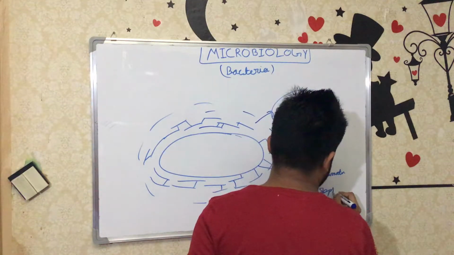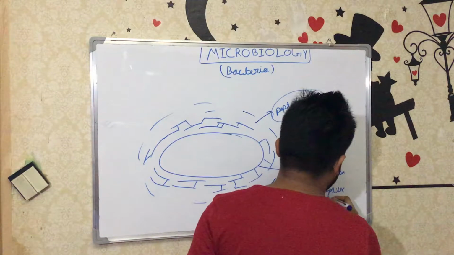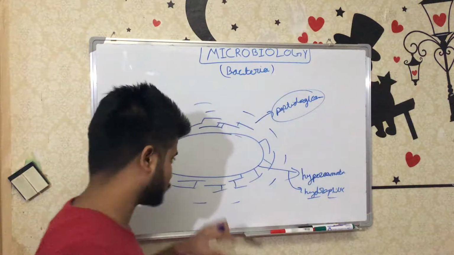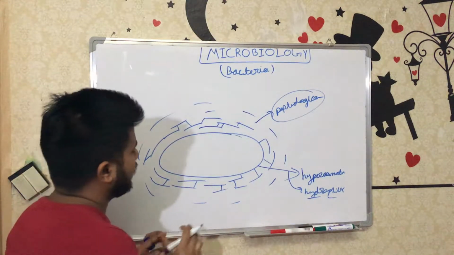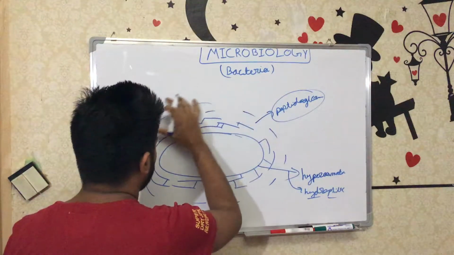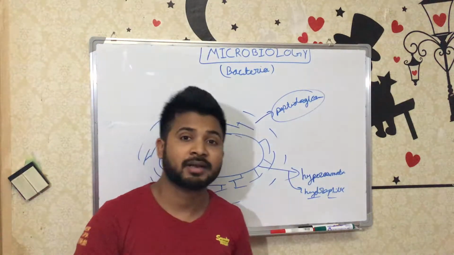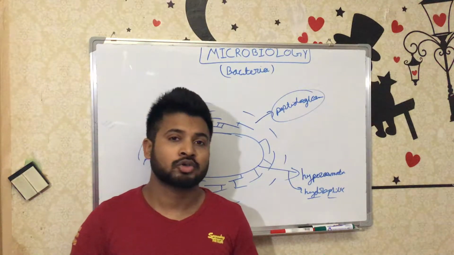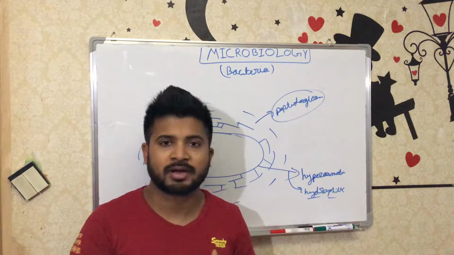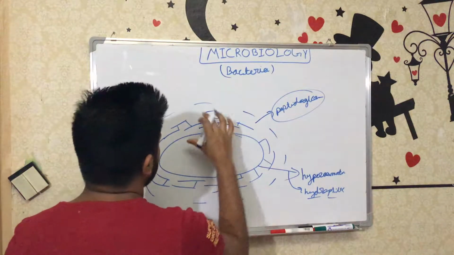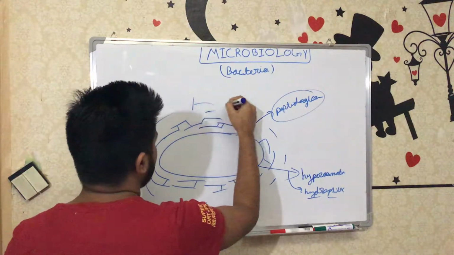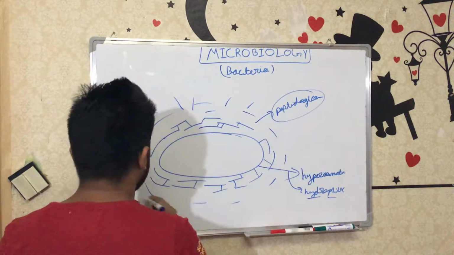Hydro means water, philic means love to bind water. And the outside area has a very high amount of water. For example, if bacteria are in the saliva, a lot of fluid, a lot of water is there. So if bacteria are in saliva, the surrounding external area has a lot of water.